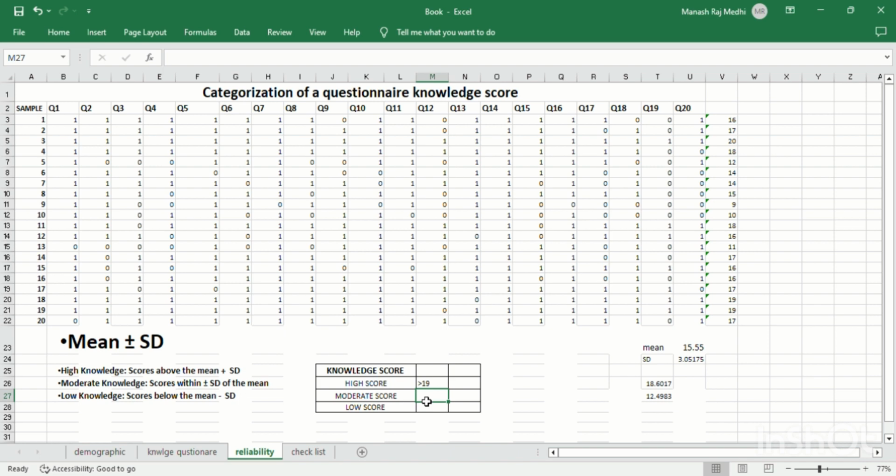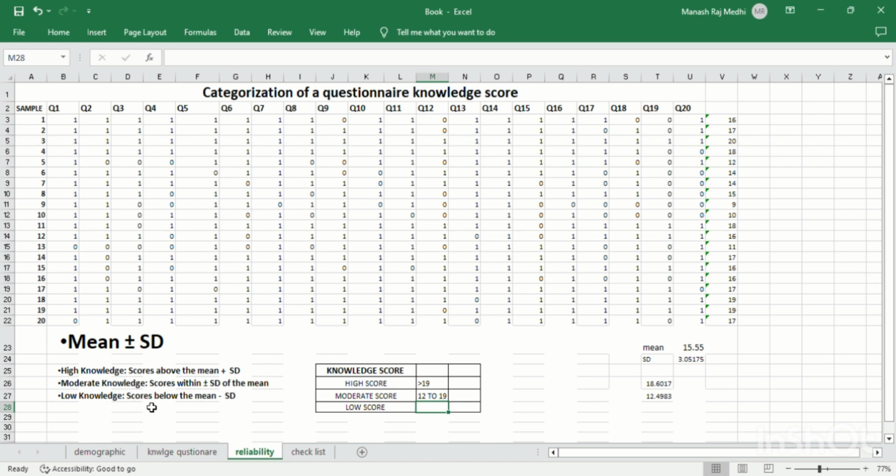So let's write it here. 12.4 means, let's consider it 12. So 12 to 18 plus 6, means 19. If your sample scores between 12 to 19, we will consider that that particular sample got the moderate score.